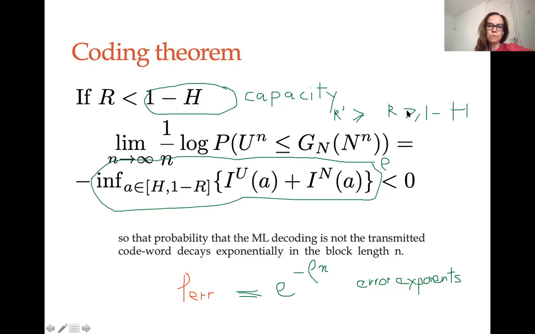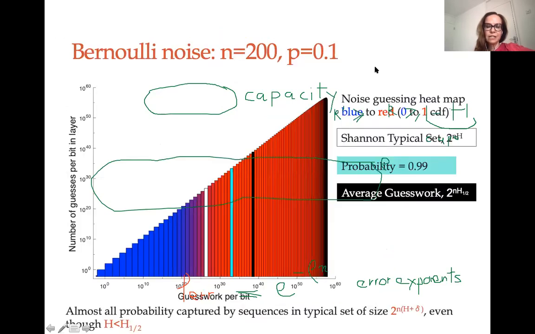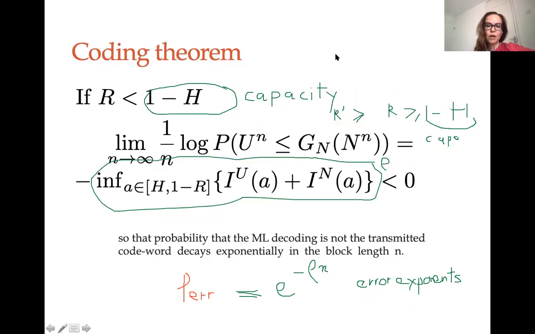If R is between capacity and some R prime, what will occur is that even though the probability of error is not going to be bounded away from 0, you can actually find that the probability of error is going to be not so bad as long as the number of guesses is not very high.